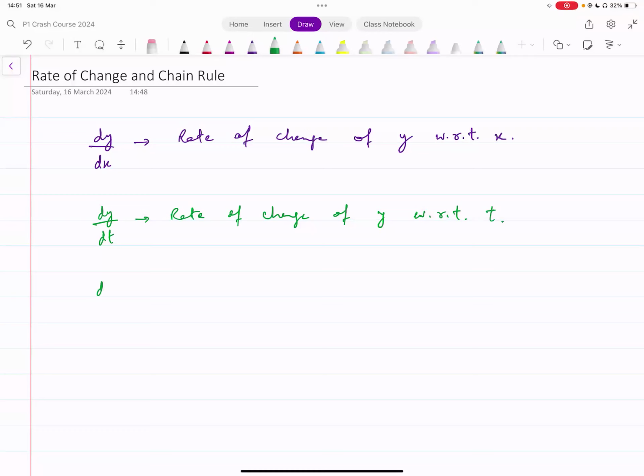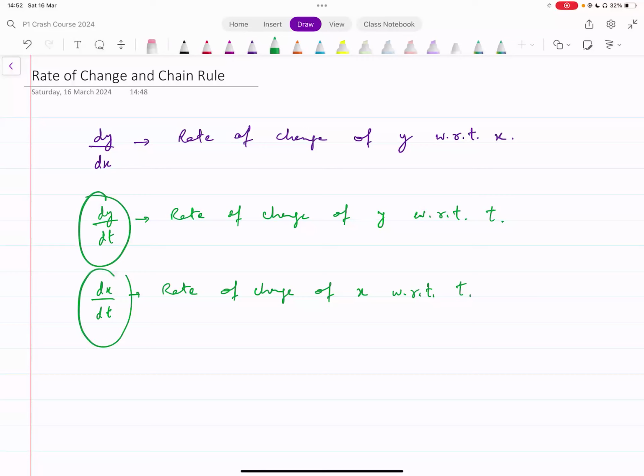If we have dx over dt, we would understand that as the rate of change of x with respect to t. So whatever you have in the numerator, you say rate of change of that variable with respect to the variable that you have in the denominator. Rate of change of y with respect to x in the first case, y with respect to t here, and x with respect to t here.